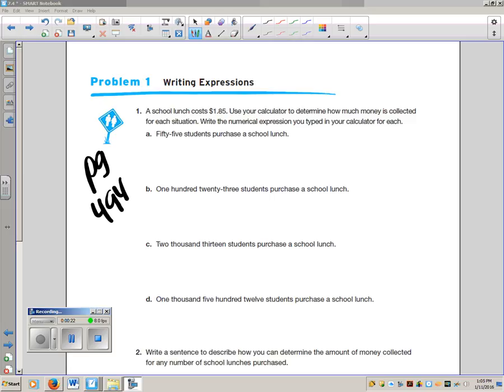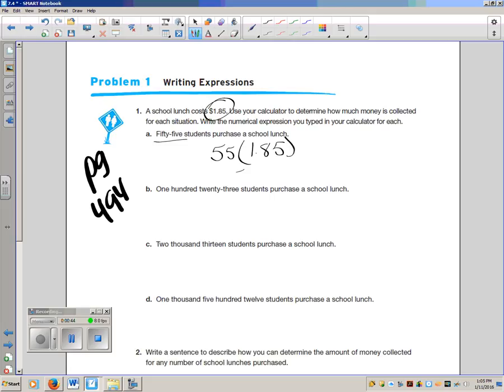School lunch costs $1.85. Use your calculator, determine how much money is collected for each situation. Write the numerical expression you typed in your calculator. 55 students purchased a school lunch. We got 55, and we know the cost. 55, parentheses, $1.85.